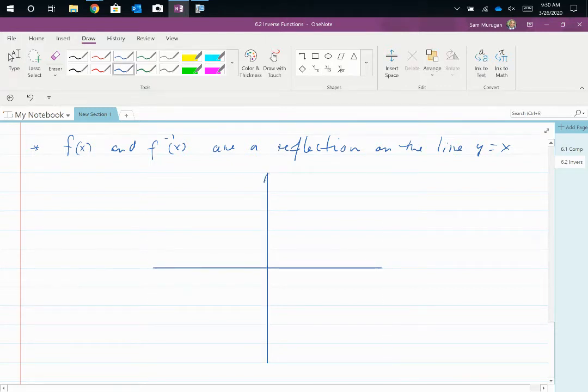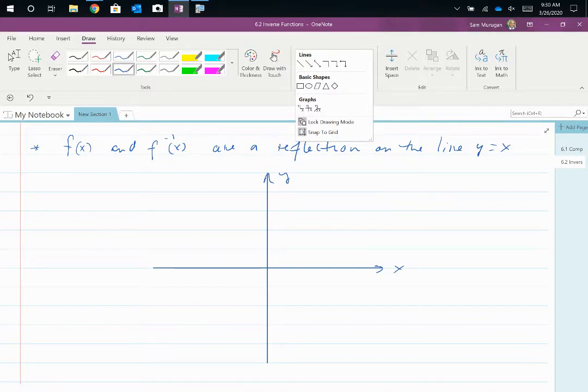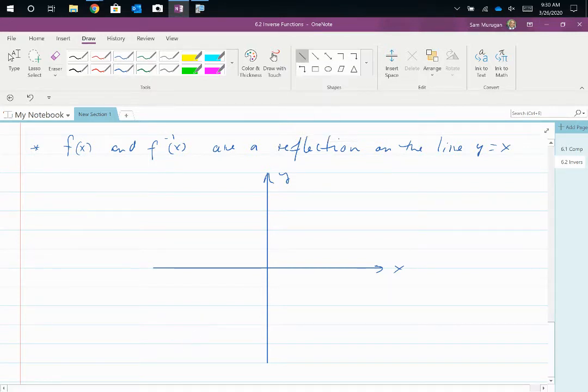So y and x, and if we put a line through the origin, y equal to x, the straight line through the origin with x equal to 1, y equal to 1, and so on.